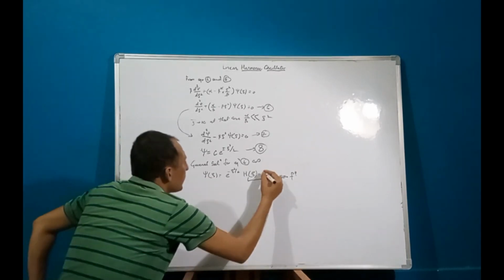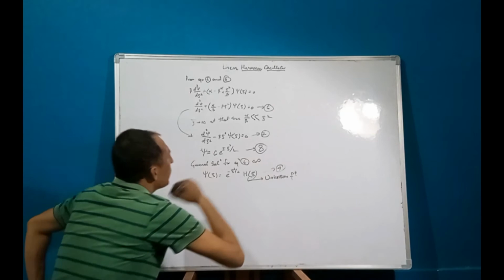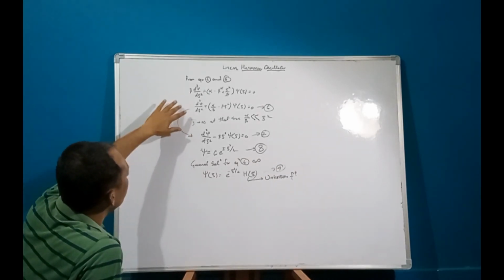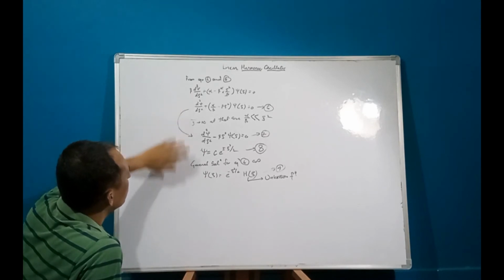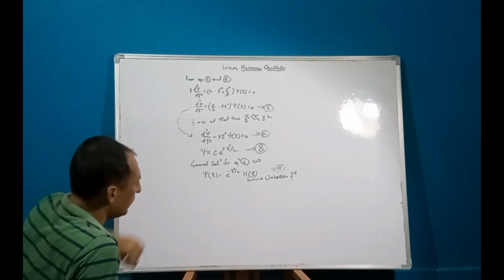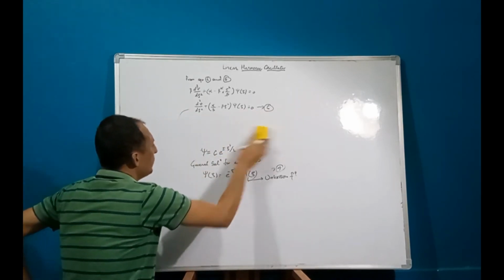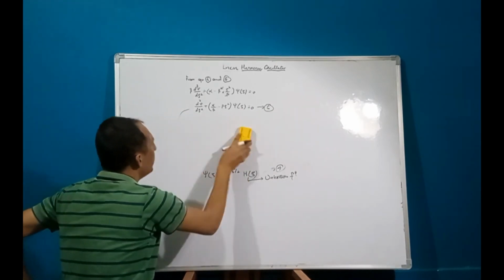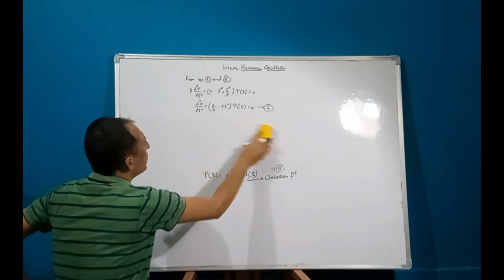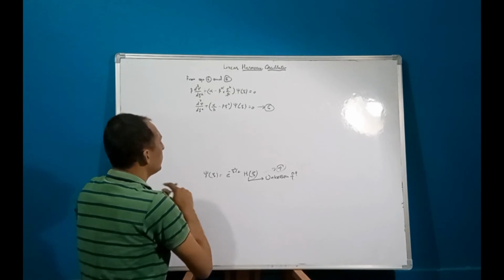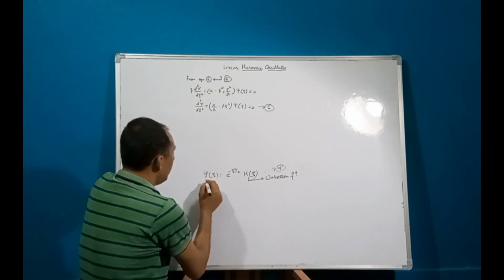This is an unknown function which needs to be found. So if equation 9 is a solution of equation 6, then it must satisfy equation 6. So what we are going to do is take the derivative of equation 9, the second derivative, and then substitute it back into this equation. So here it is psi.